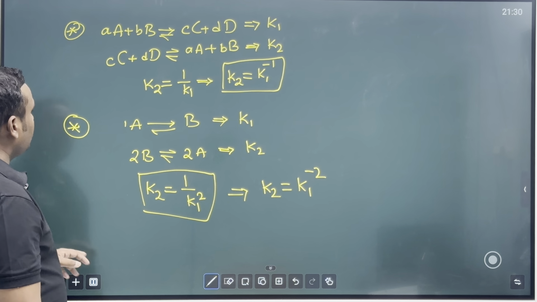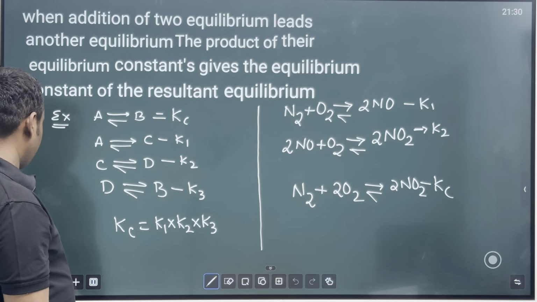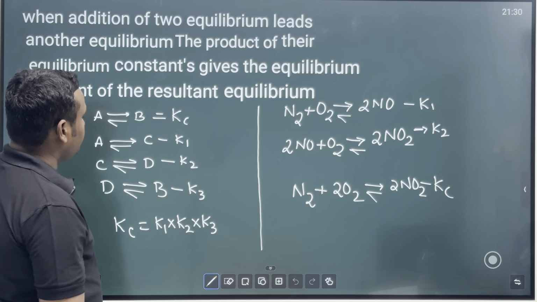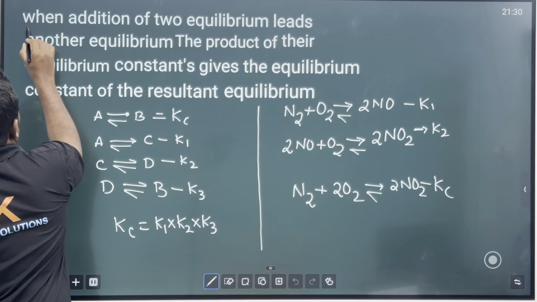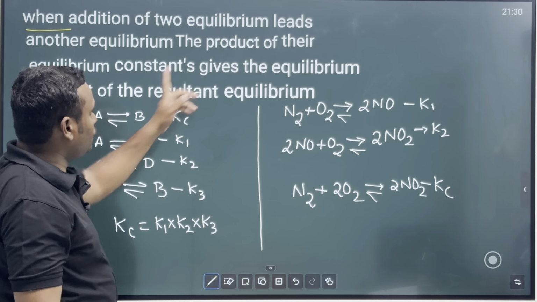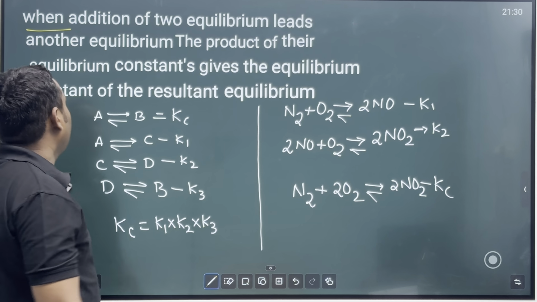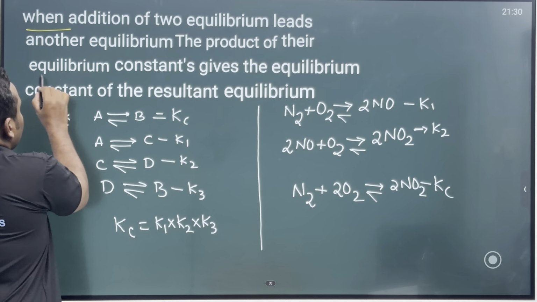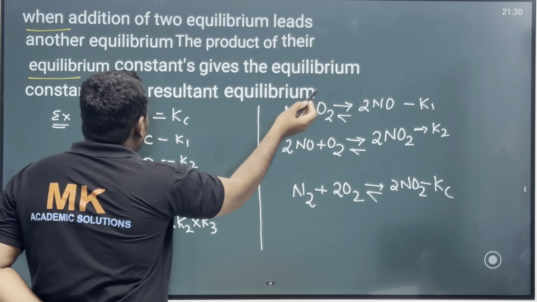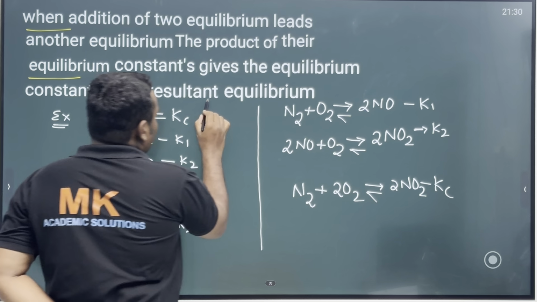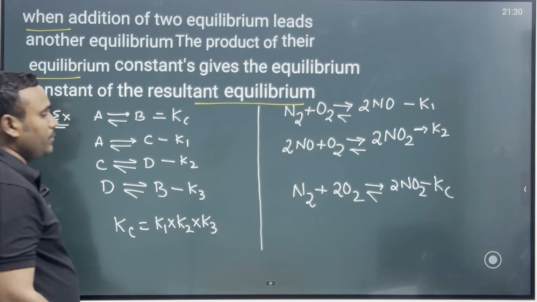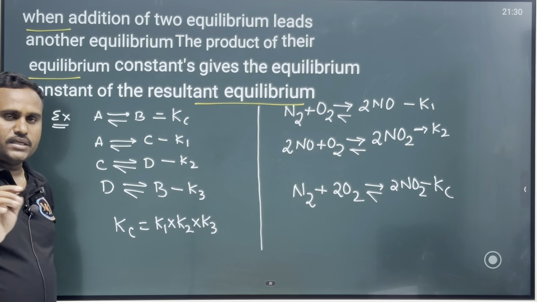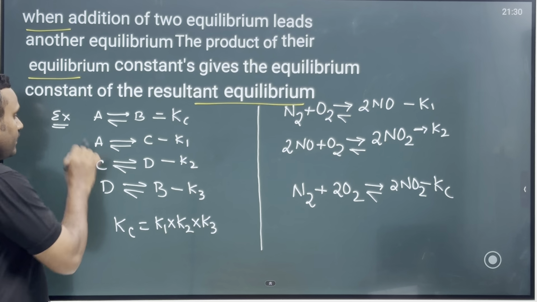Next, the third factor: when the addition of two equilibria leads to another equilibrium, the product of their equilibrium constants gives the equilibrium constant of the resultant equilibrium. Simply, we understand this by taking an example.